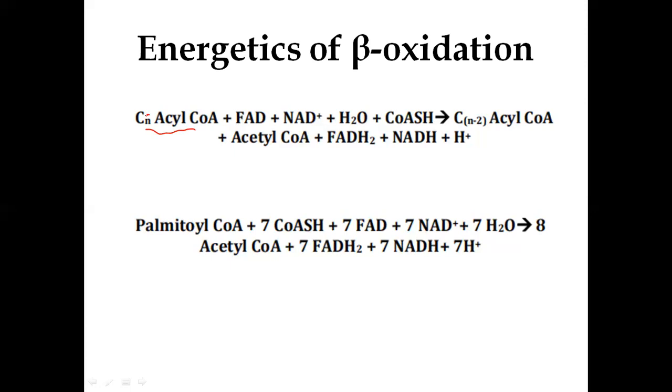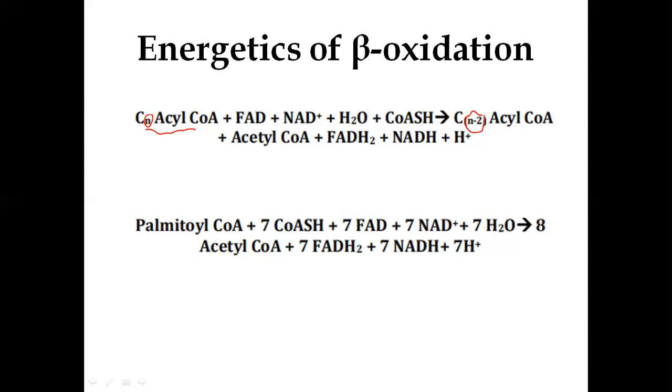So n represents the even numbered carbon atoms in the skeleton of the fatty acid that will combine with FAD and NAD, and water will be utilized in the beta oxidation. Along with that, coenzyme A is also involved. And in the single reaction of the beta oxidation, this Cn acyl CoA will be converted into Cn minus 2.